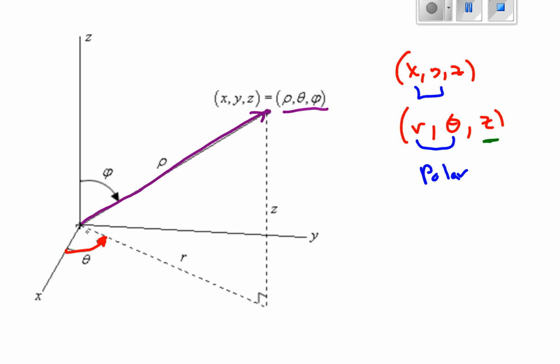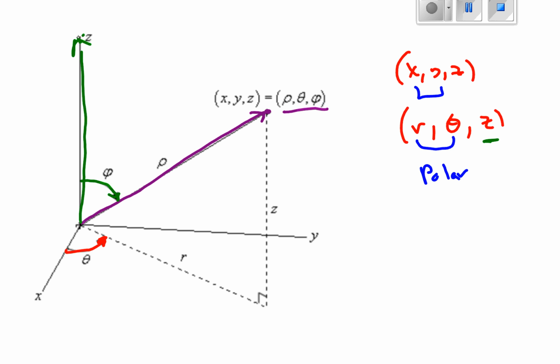It is the rotation away from the positive x-axis that you've moved. And then this third component is called phi, which is your angle down from the positive z-axis. So sometimes that's called the azimuth, directly north. And we're saying what angle down from north are we rotating.